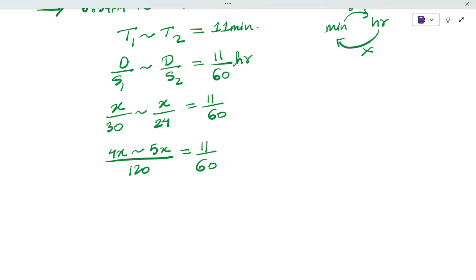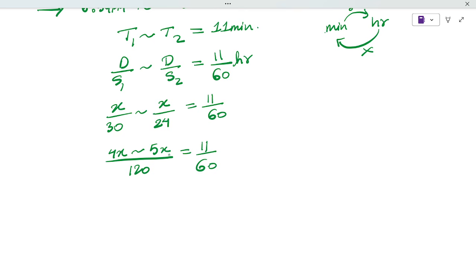So in simplification, after the equal to sign, denominator and denominator can be cancelled, whereas numerator and numerator can be cancelled. Since the difference means subtraction, we are going to cancel. 4x and 5x cannot be cancelled with 11.